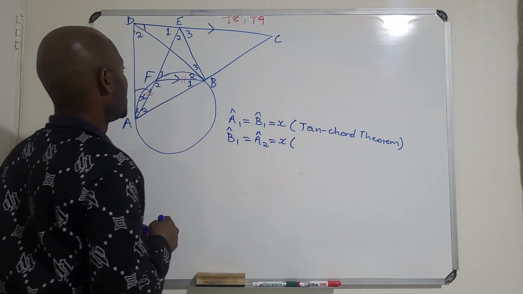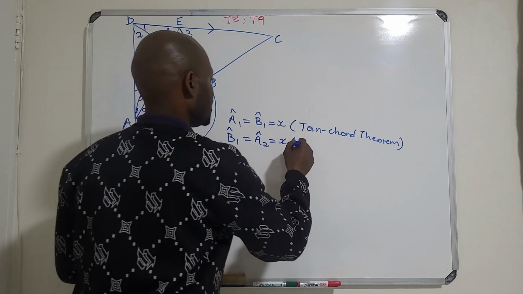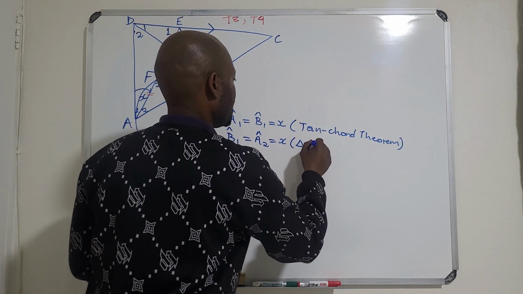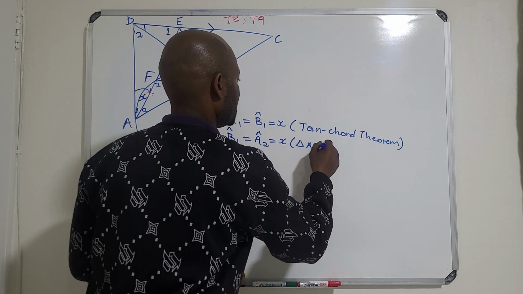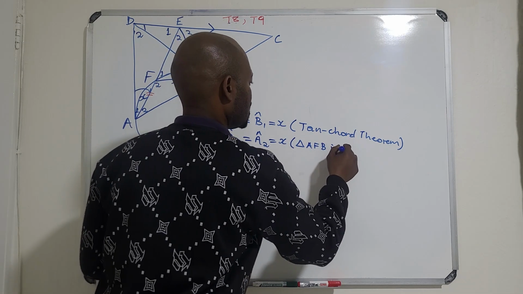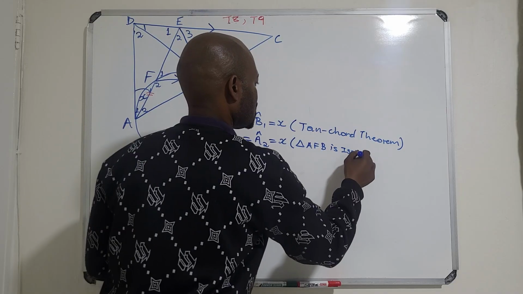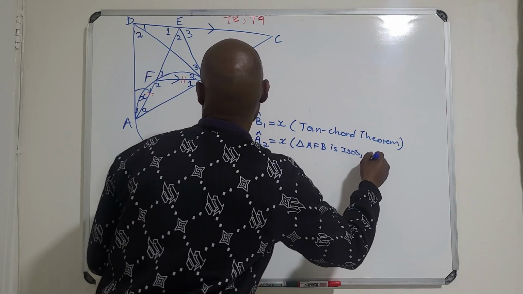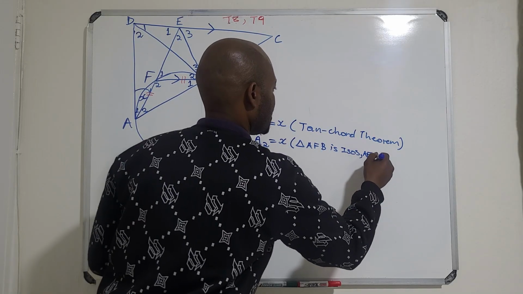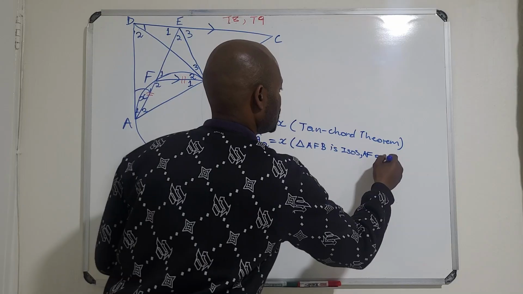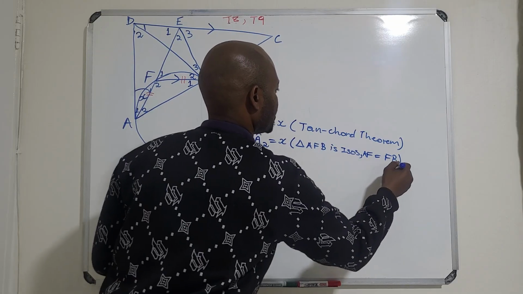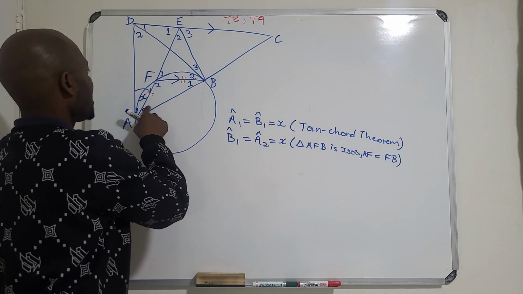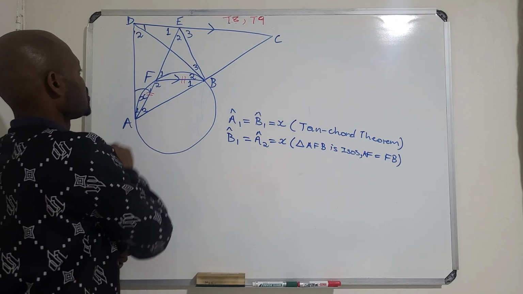Reason: we know that triangle AFB is isosceles. And why is it isosceles? It is because AF is equal to FB.